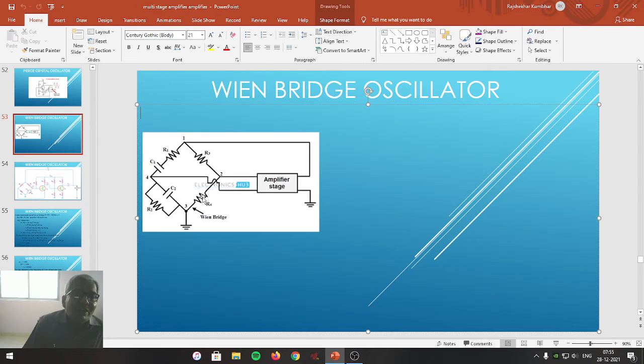In the remaining two arms, resistors R and C are connected in series in one arm, and in another arm, R and C are connected in parallel. Means one arm contains R and C in series, another arm contains R and C in parallel, whereas the remaining two arms contain simply the two resistances.